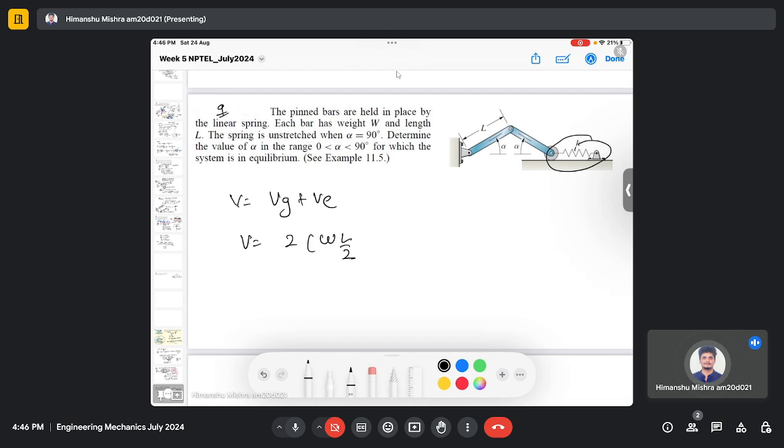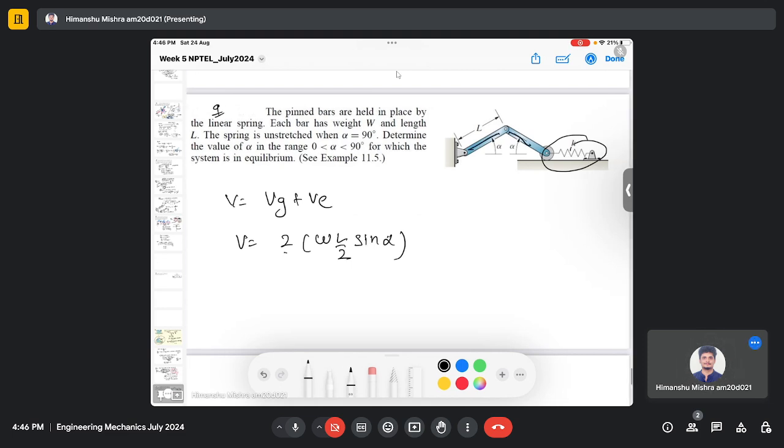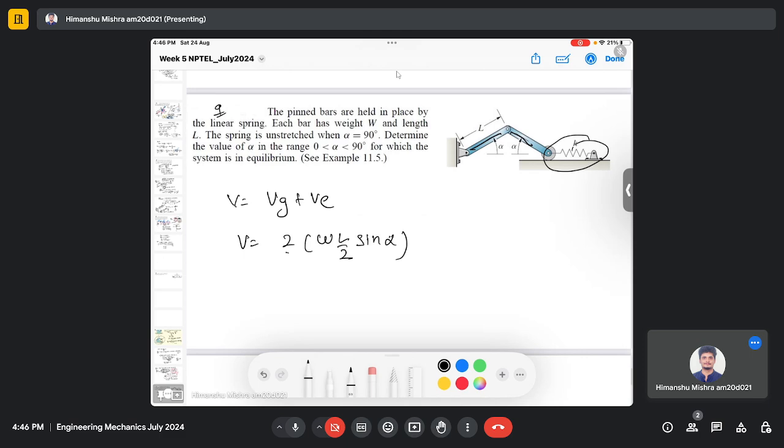The total gravitational potential energy is given by 2 W L by 2 sine alpha. 2 because there are two bars, both have a weight, and this L by 2 sine alpha is the vertical distance, plus potential energy due to the spring, which is kx square, and x is this distance, right?